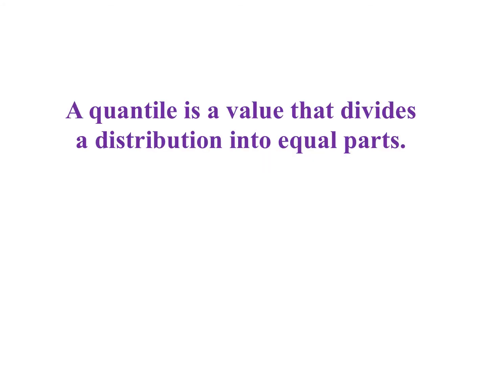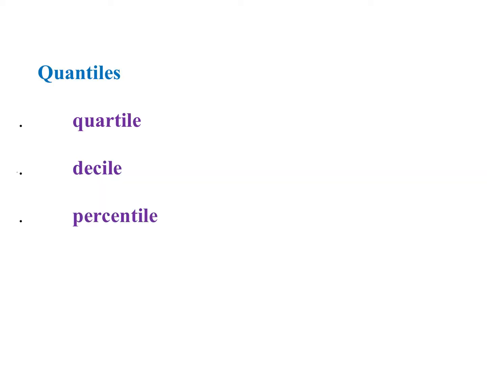Now let's talk about quantiles. A quantile is a value that divides a distribution or a data set into equal parts. 3 examples of the quantiles are the quartile, decile, and percentile.